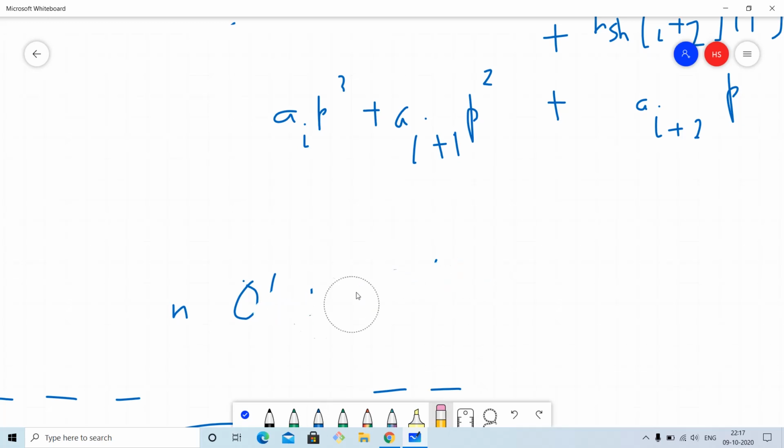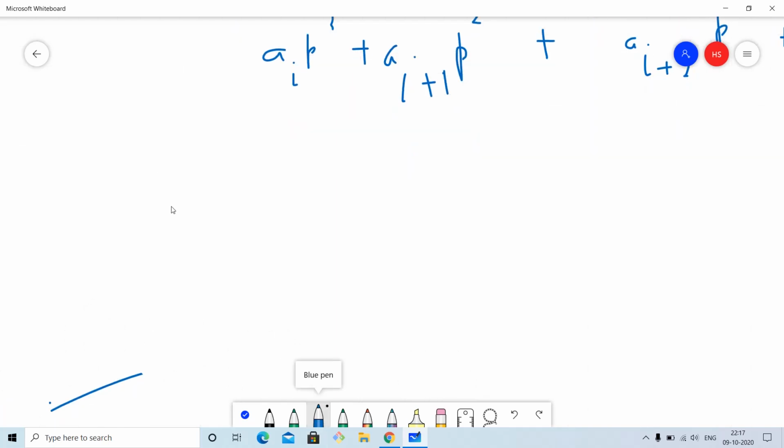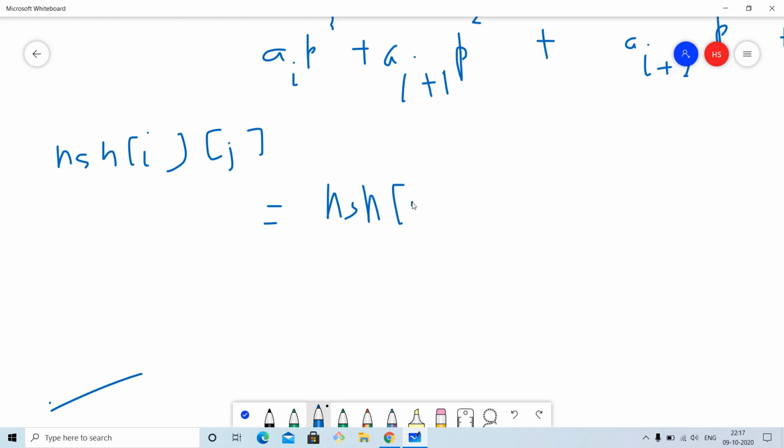Just a minute. Oh my goodness, why is it not erasing? Yeah. So in general, if we have to compute hash ij, and we have hash i(j-1), then the hash of ij will be hash of i(j-1), which denotes the half length. If we have to calculate for the full length 2 to the power j, we first take the half length and then multiply it with some power of p.